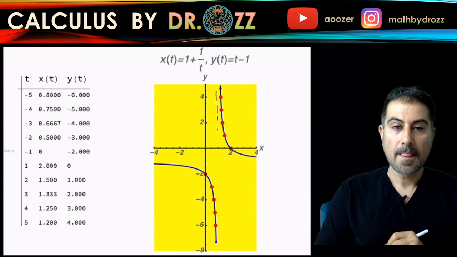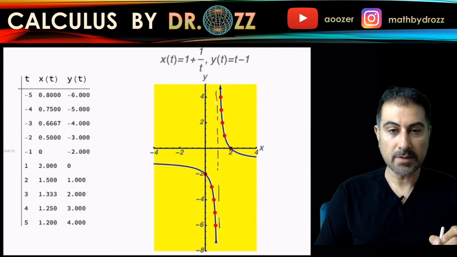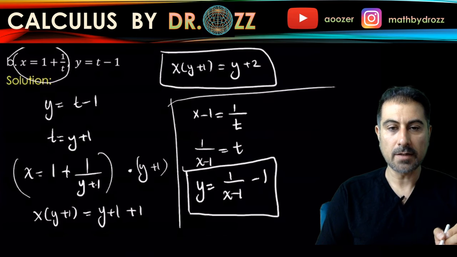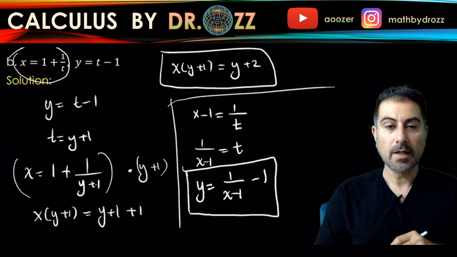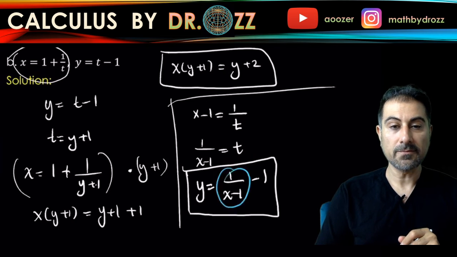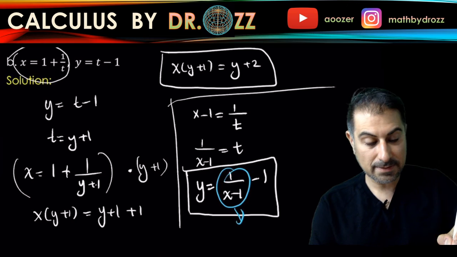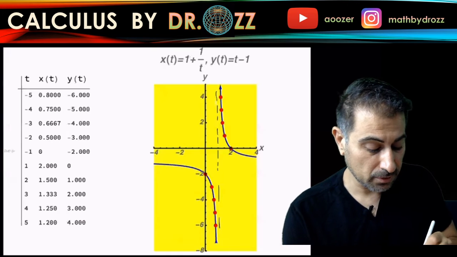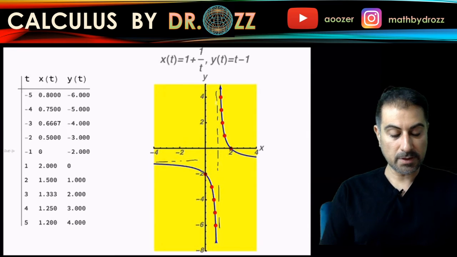Also you have a horizontal asymptote, because as x approaches infinity or minus infinity, this term approaches 0, and the only term that survives at infinity is -1. So y equals -1 is a horizontal asymptote, and that was another observation we had in the graph.